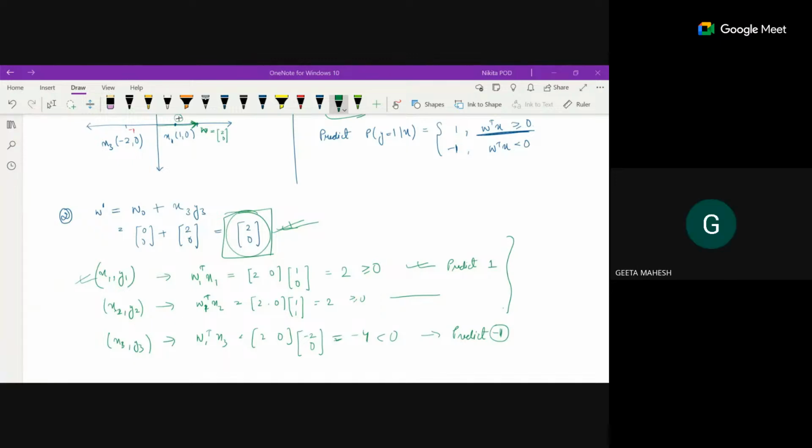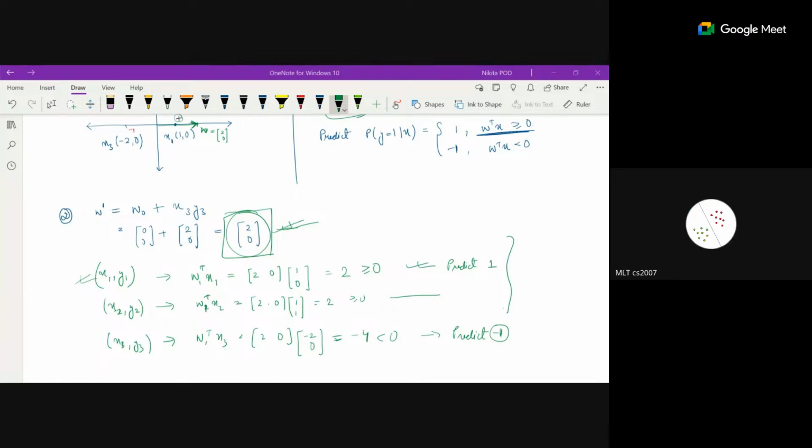Yes. No, in this case, since X3 was the data point that was having an error, we have updated on X3 using X3 and Y of X3. So I was just asking whether we have to again recheck whether it has been classified correctly or not, or does it always classify correctly for the data point for which the rule has been updated?